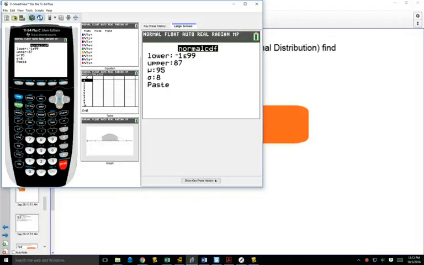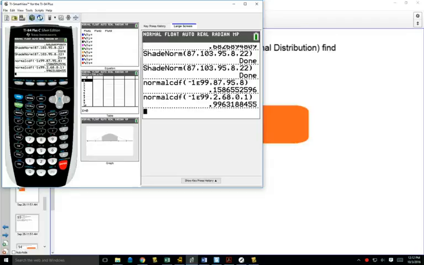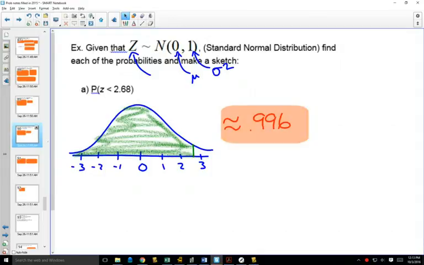We want to go from a big lower number, so -1 times 10 to the 99, that's probably big enough, up to 2.68. Our mean is 0 now. Our standard deviation is 1. And we can paste that in and find out there's a 99.6% chance of that probability.